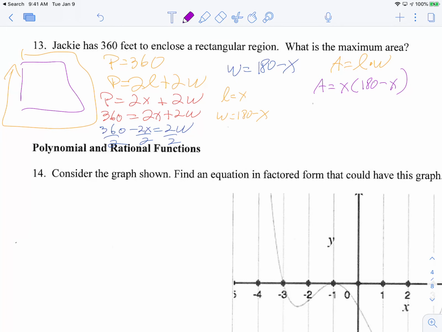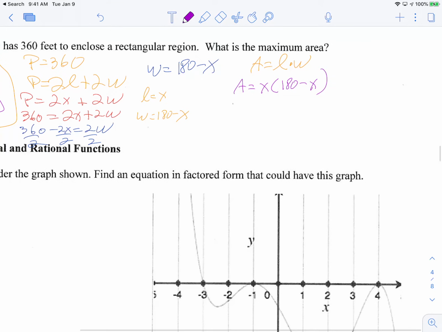And you can either use a calculator or use negative b over 2a. Either way, if you use your calculator, it's going to be y equals negative x squared plus 180x. If you use negative b over 2a, then we're going to say, well, that's x is equal to the opposite of 180 all over 2 times negative 1, which is 90.